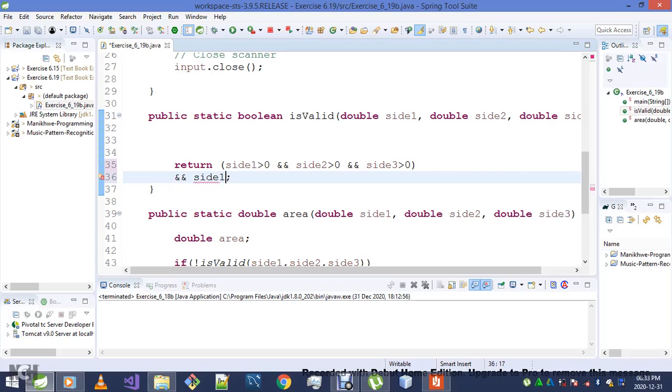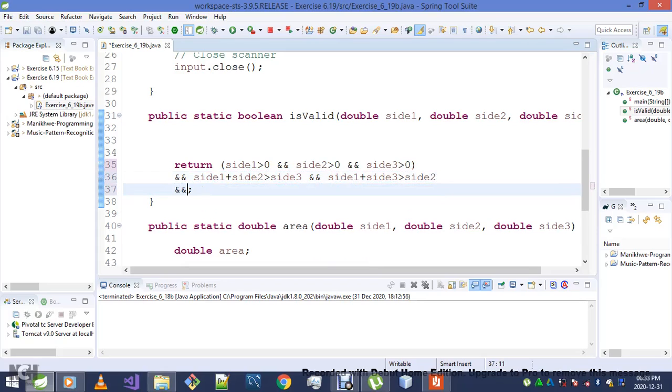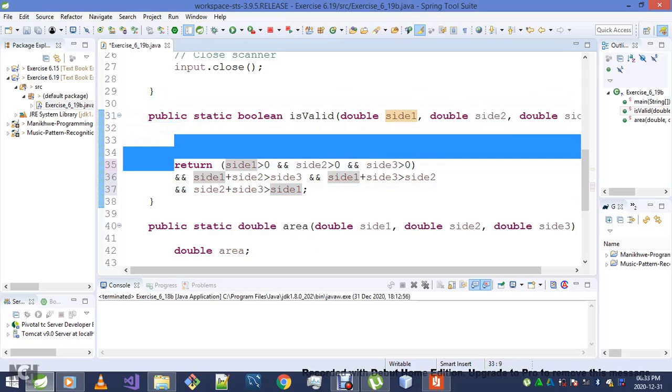Side 1 plus side 2 is greater than side 3, and side 1 plus side 3 is greater than side 2, and side 2 plus side 3 is greater than side 1. That's pretty much it for that method.